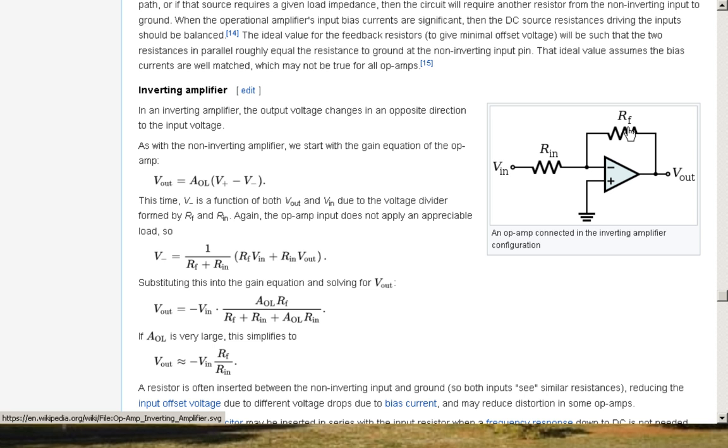RF is your feedback. That's what we did. We tested the op amps to make sure they were good. And that's the circuit we used.